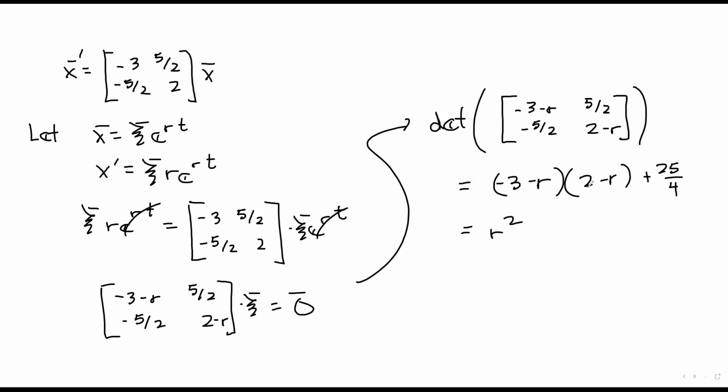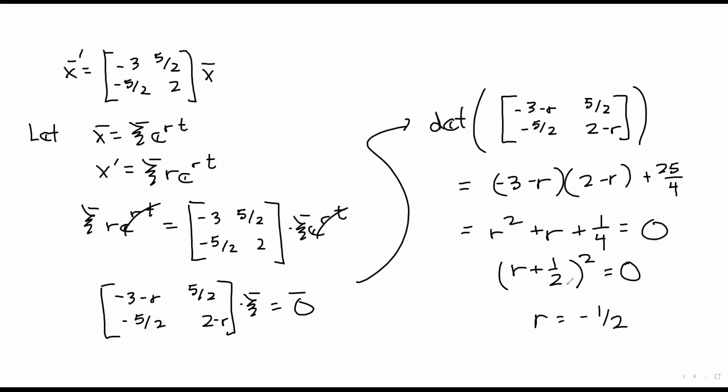We have a -2r and a +3r, so we're going to end up with plus r. And then we're going to have -6 plus 25/4, which is plus 1/4. Then we can set this equal to 0. And this is (r plus 1/2) squared equals 0. We get r equals -1/2. So again, only one eigenvalue that is repeated.